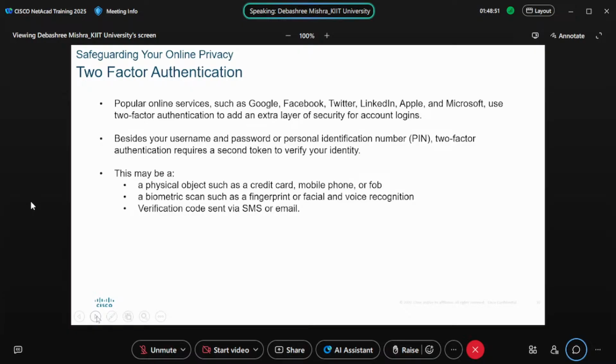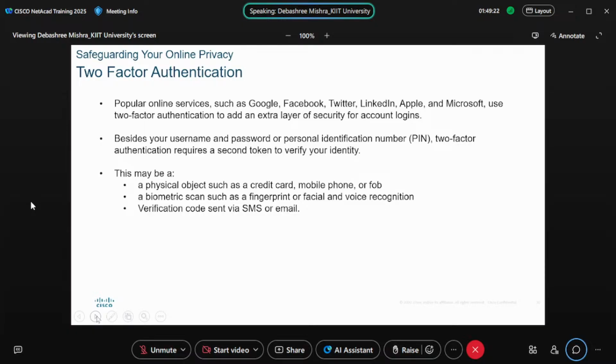The first is your username and password, or the PIN that you are giving, and two-factor authentication requires a second token to verify your identity. Even if you have given your password or PIN, they will require that on your mobile phone you click yes or no, whether you have logged in or logged out.